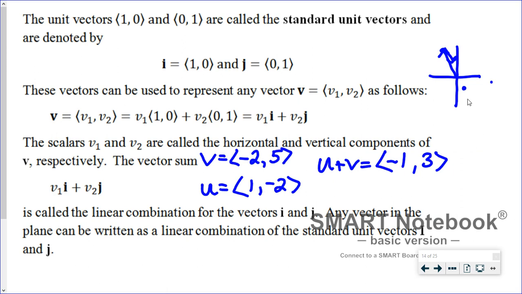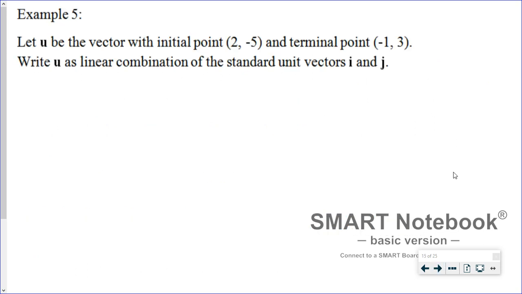Wherever the endpoint is, you'll get the sum. So if you put them end to end, negative 1, 3 would be this point right here where the vectors end. You'll get a lot of practice with that, dragging vectors around and adding them graphically on Delta Math. Delta Math does an excellent job of showing that, but I just wanted to throw that in since I didn't quite do it when we did vector addition earlier.